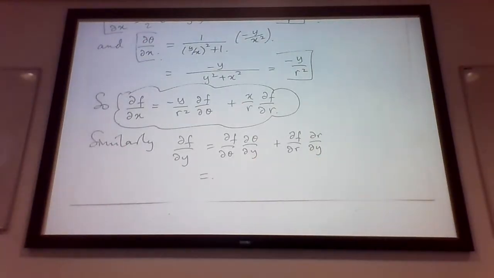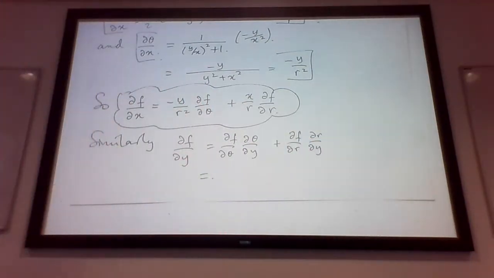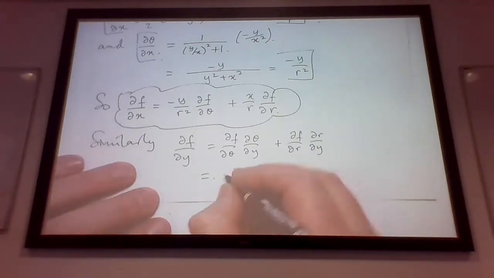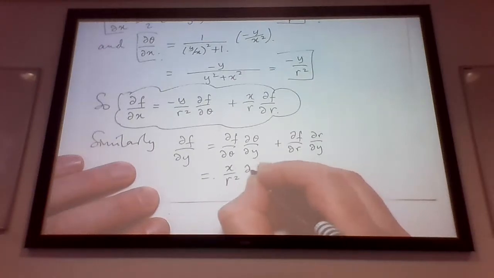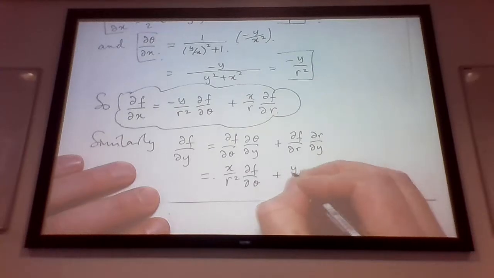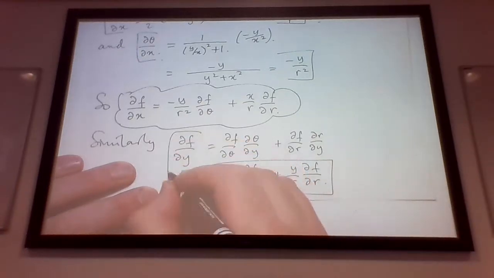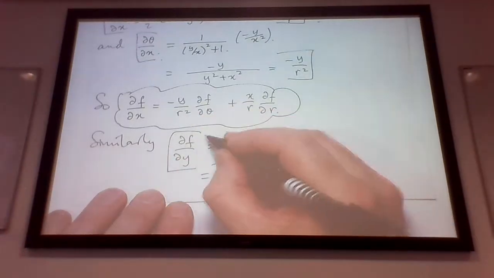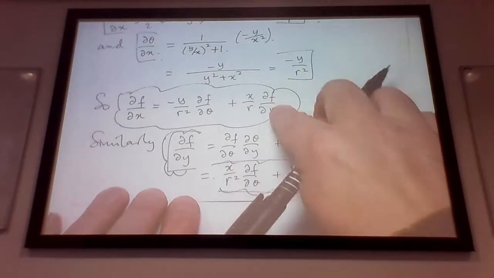Then working through the partial derivatives dθ/dy and dr/dy, just like we did with dθ/dx and dr/dx, that will give us the expression x over r squared df/dθ plus y over r df/dr. That should be a curly box to go with the other curly box.